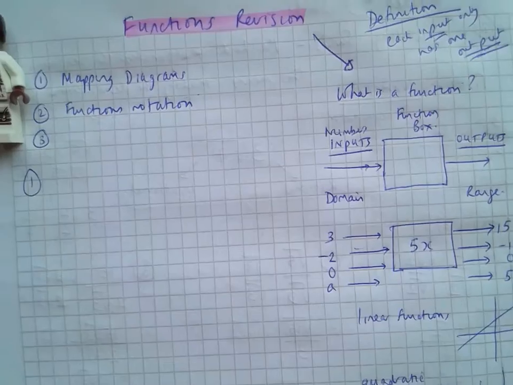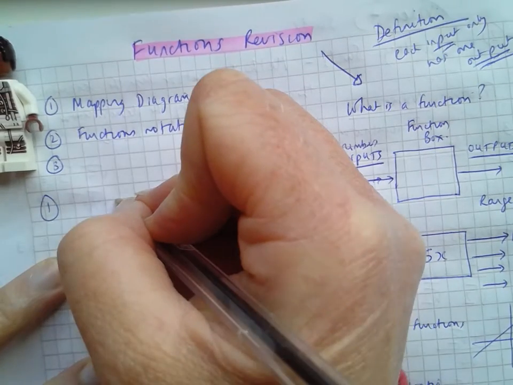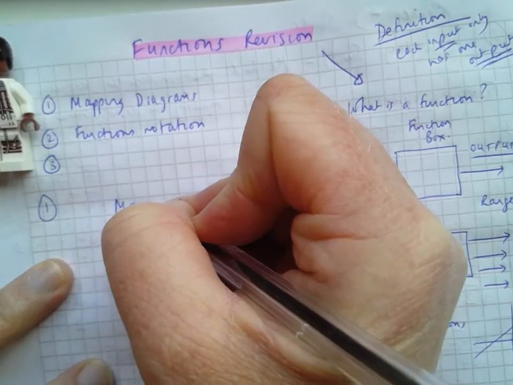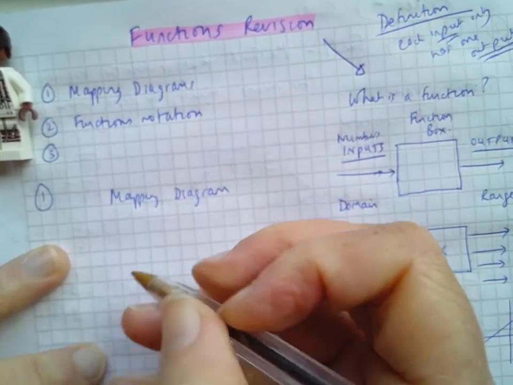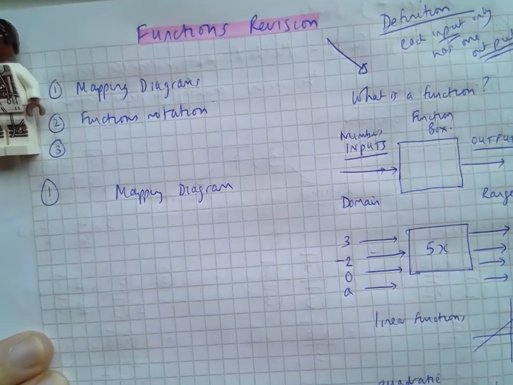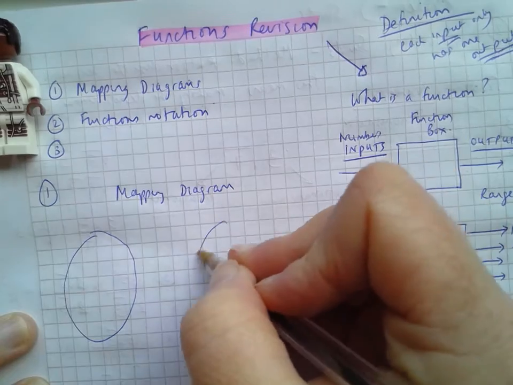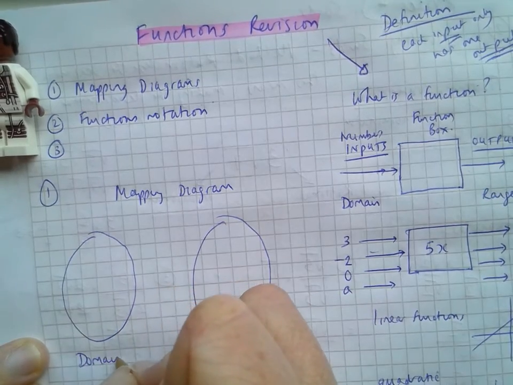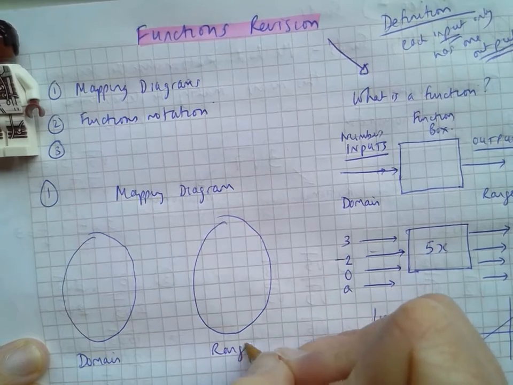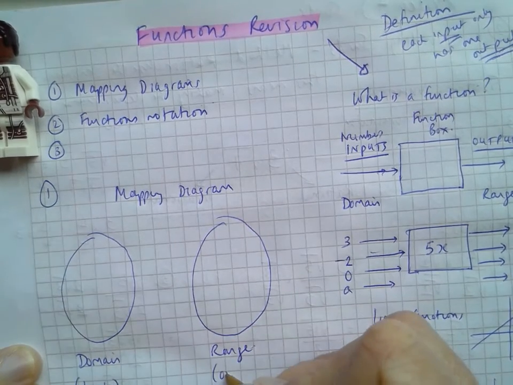There's another way that we're asked to represent functions, and that's in a mapping diagram. In a mapping diagram, what we end up doing is we have two circles. One circle represents the domain, and one circle represents the range. So remember, one circle represents the inputs and one circle represents the outputs.